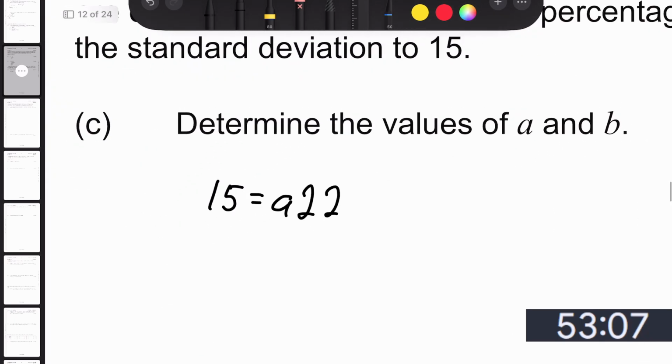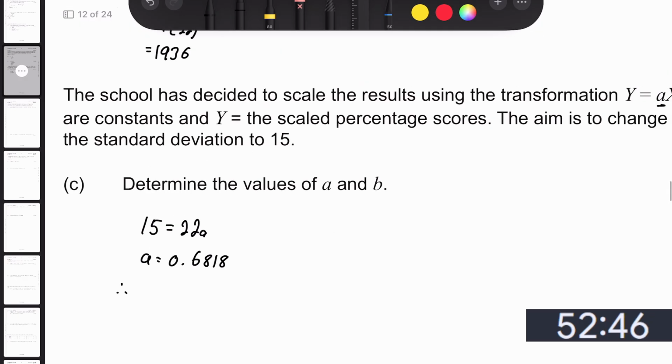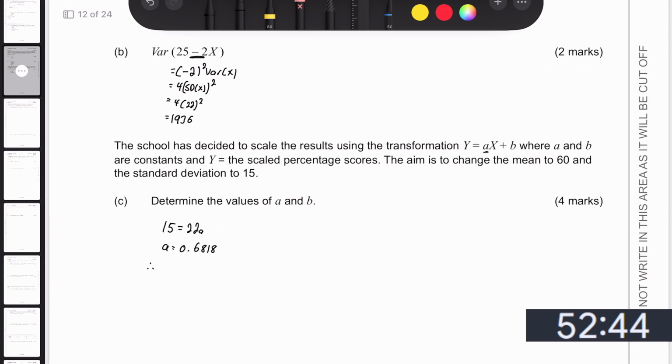Since our standard deviation is 22, it's 15 over 22. So a is going to be equal to 15 divided by 22, which is 0.6818.